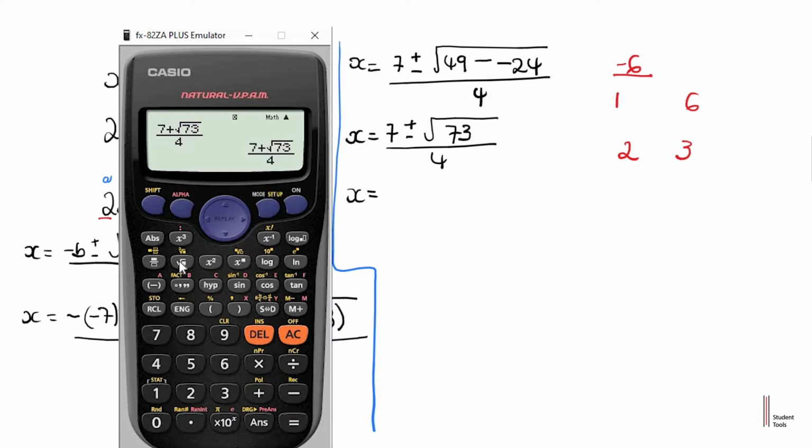So what's the answer? We have a positive 3.886. So to 2 decimal places, that is 3.89. So for the first part, x is equal to 3.89. And for the second part of x, we'll use the minus.